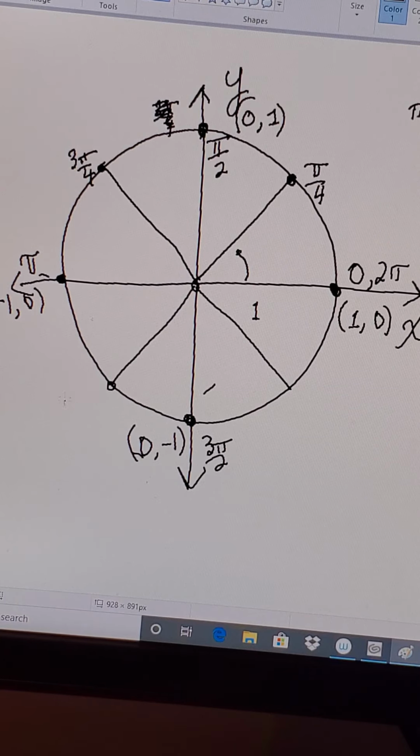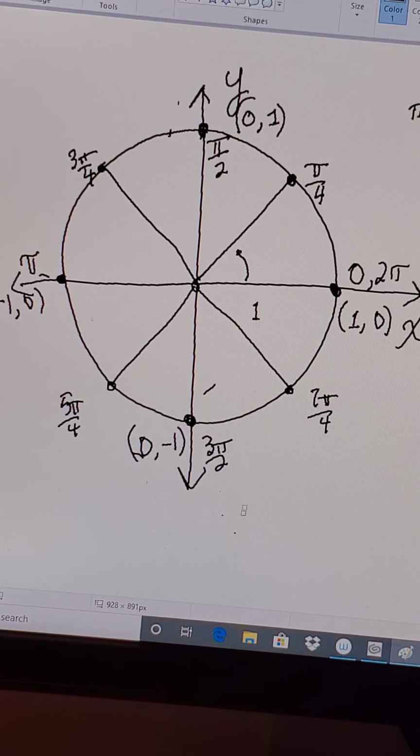This is 5 pi over 4. 6 pi over 4, we don't need, it reduces to 3 pi over 2. 7 pi over 4. 8 pi over 4, we don't need, it reduces to 2 pi. So as I erase, if we don't need them, then they shouldn't be there.